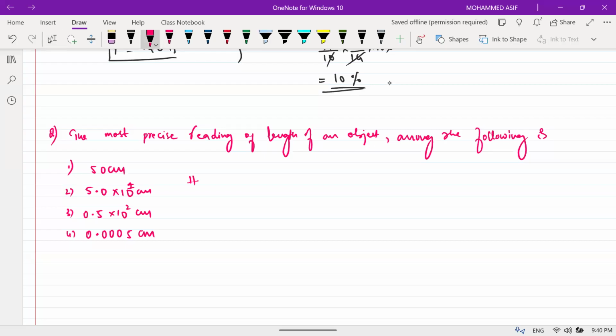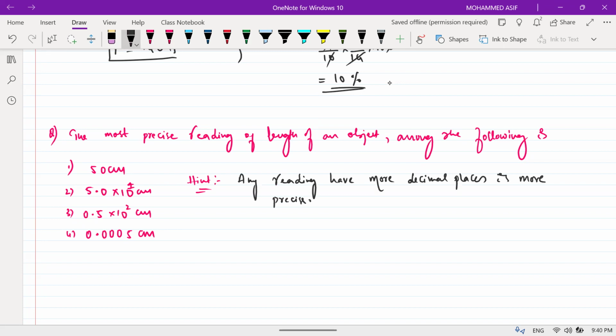Let me give you the hint. I told you what you mean by precise and what you mean by accuracy. Any reading having more decimal places is more precise.